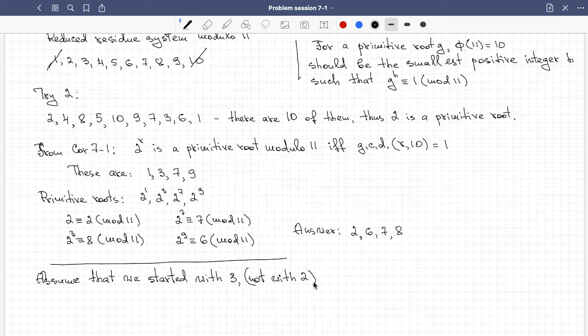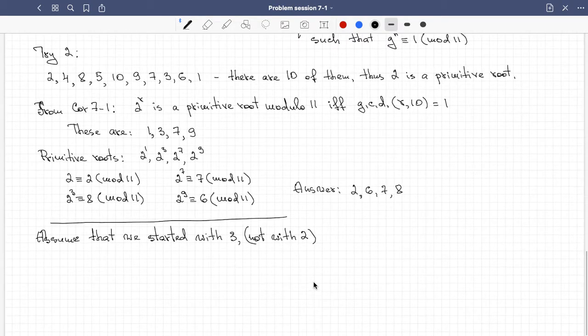What happens then? How would our trial and error proceed?